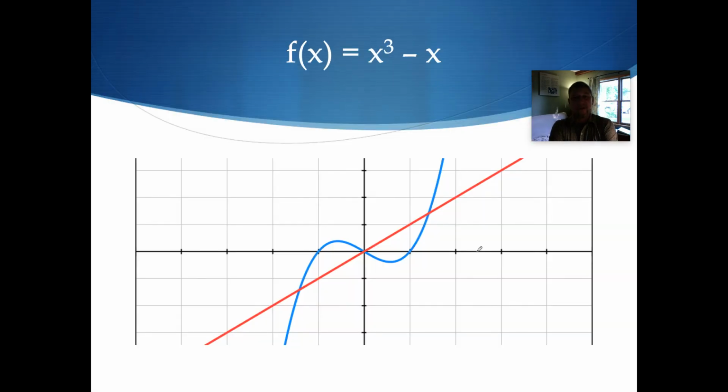If you look at this very carefully, the blue curve represents f of x equals x cubed minus x. And this is symmetrical through the origin. Every point is matched on the other side of the origin. So, for example, this point here is symmetrical with this point here.